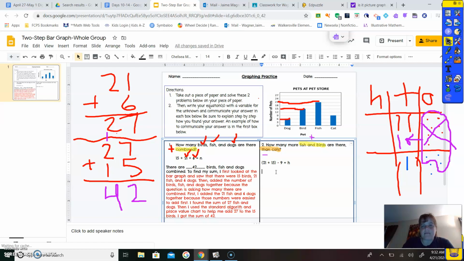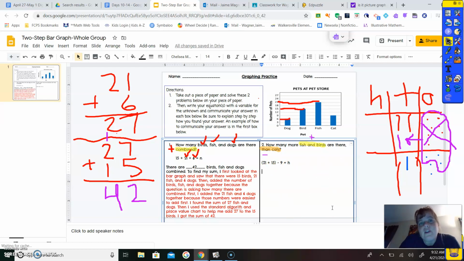So that would be an example of how to come up with your equation with a variable for the unknown. And this is what I would use to solve it. I'm going to double check my equation. Let me double check how many more fish, 21, and birds, 15, than cats, 9. So yes, this is my equation. So then I would solve this equation, identify the variable for the unknown, and then I would communicate how I got my answer. What did I do to get my answer?